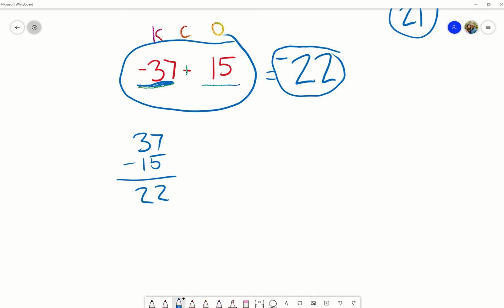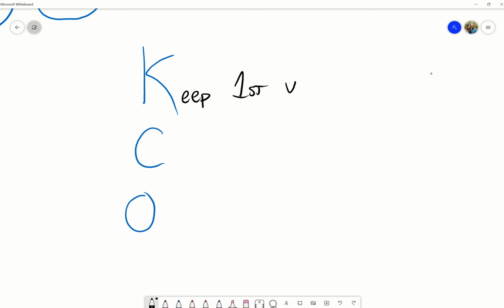All right. What phrase do we need to remember when we're subtracting? Cuckoo! Keep, change, opposite. Keep the first value.